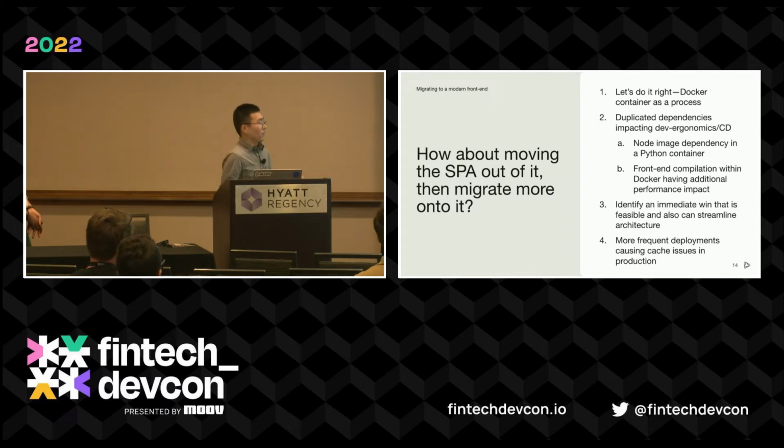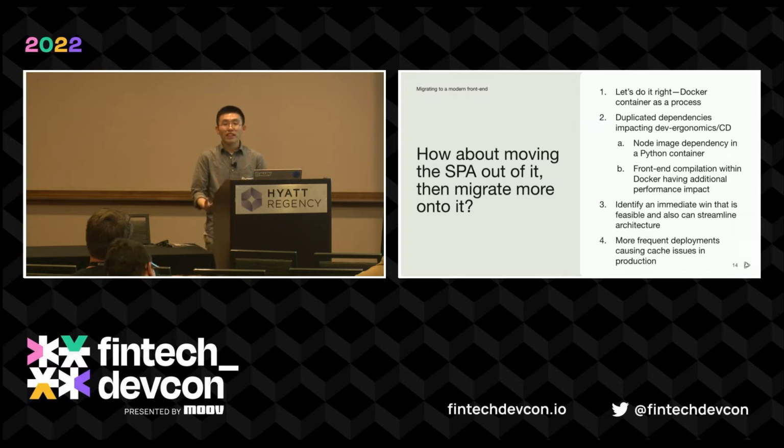So what now? Identify an immediate win that is feasible, but also really can streamline architecture in the end. And another aspect of it is that even the SPA part of the front end had an issue where we really started deploying a lot more throughout the day, even several times a day.